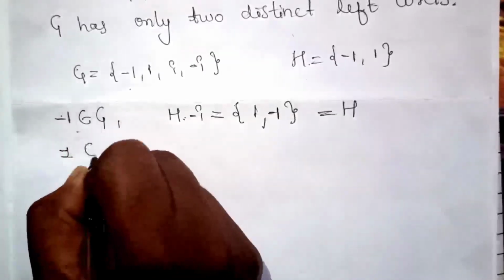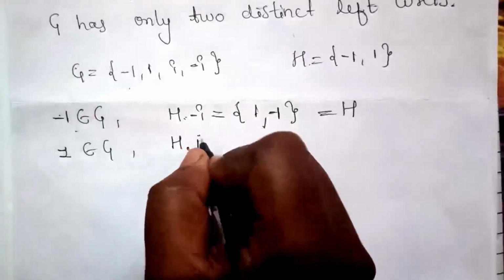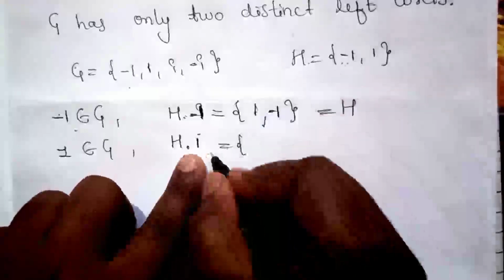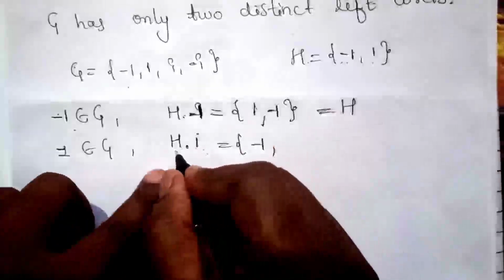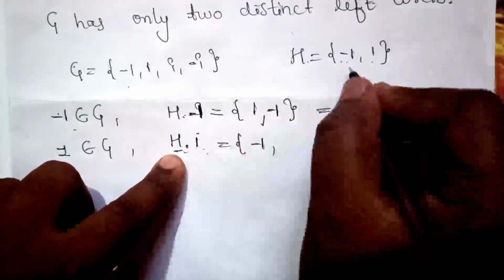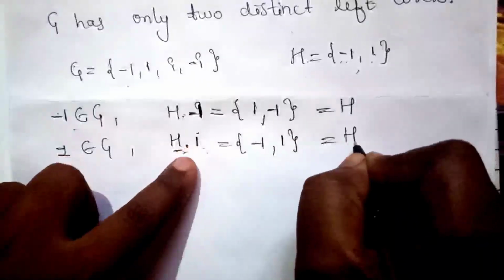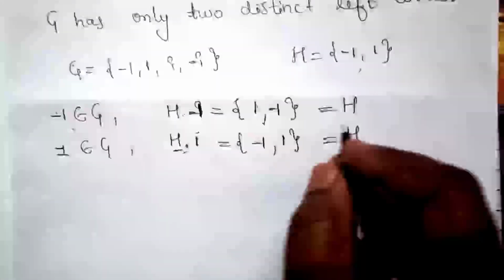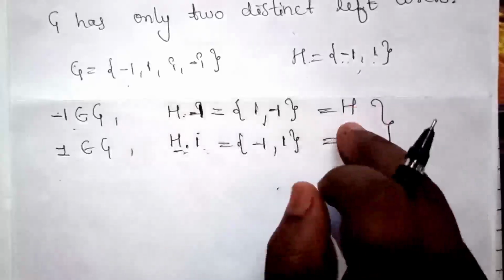Again we got H. Now we consider 1 belongs to G, then H dot 1 equals to -1 into 1 equals to, again we get -1, because for H first we have to consider elements of the H first. 1 into 1 equals to, we get 1 only, again we get H only. So again these two right cosets are same, we have to treat it as only one coset.